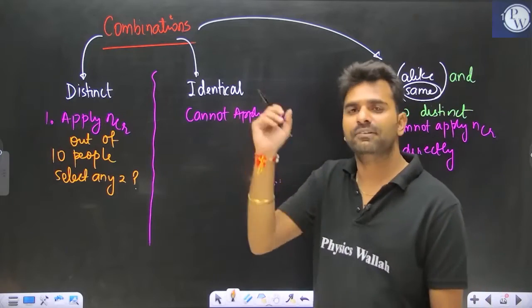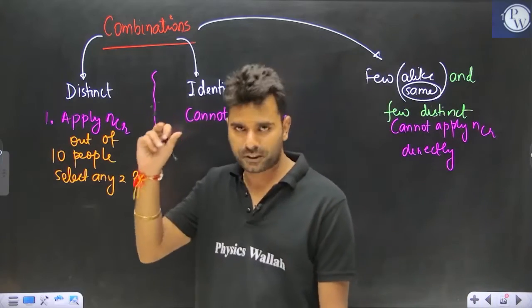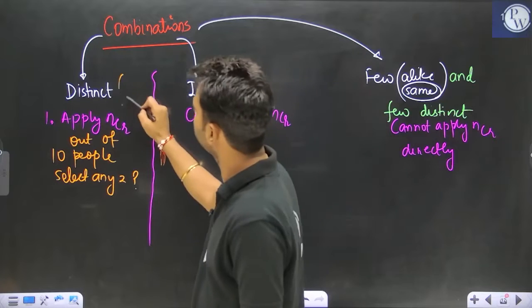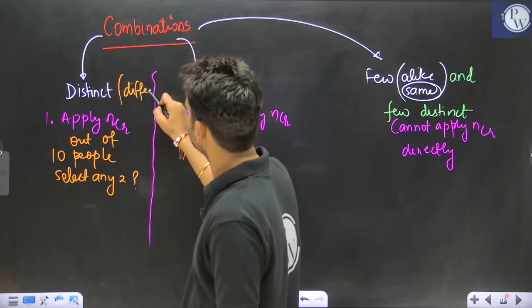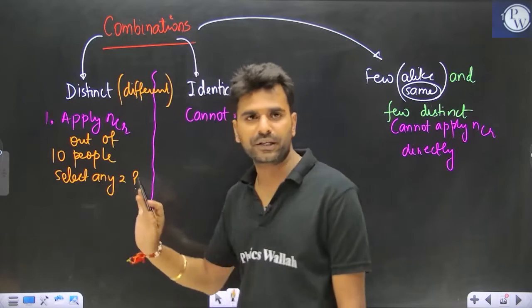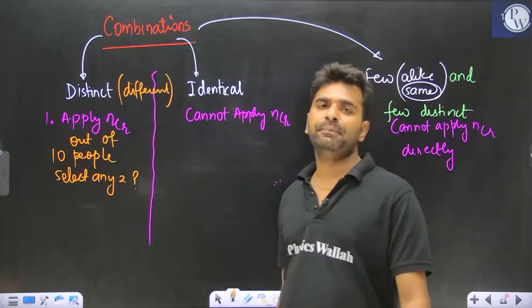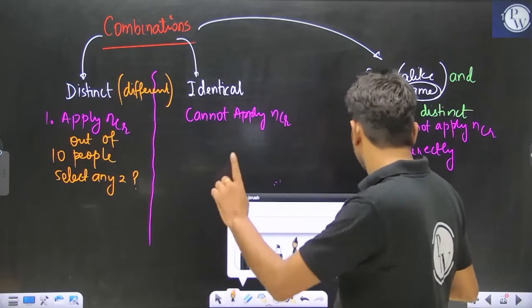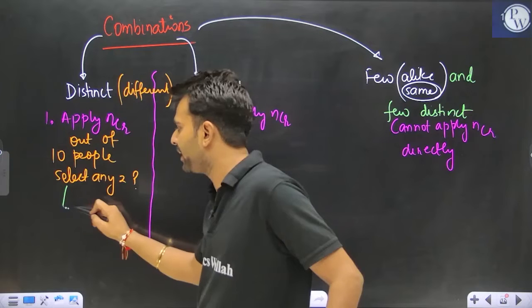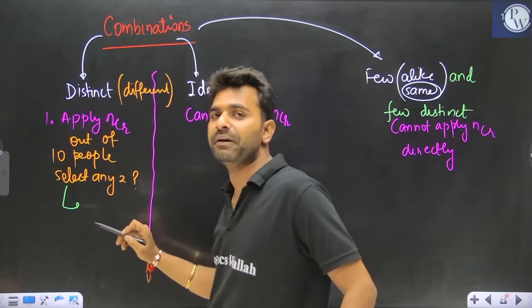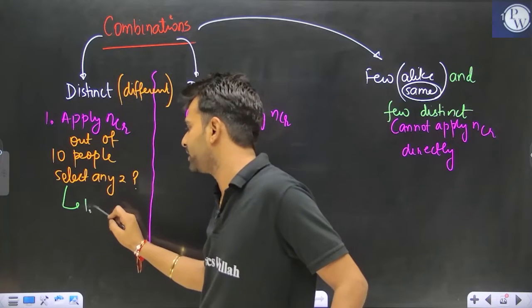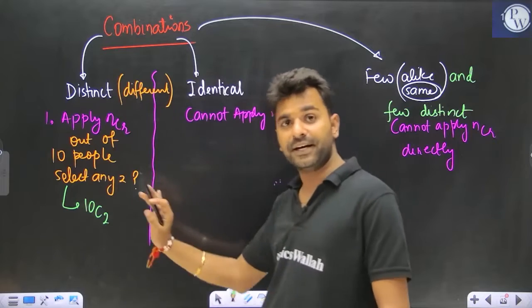Each and everybody is distinct, meaning different, unique. So out of 10 people select any 2. Here the objects are distinct, so you can apply the formula. In how many ways can you select 2 people out of 10? nCr, that is 10C2. Here it is correct.